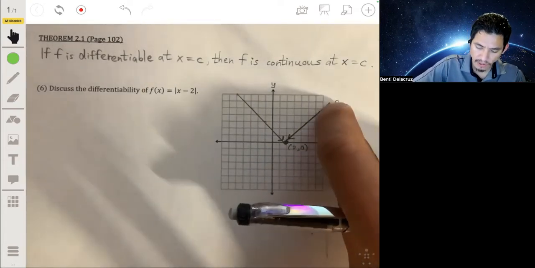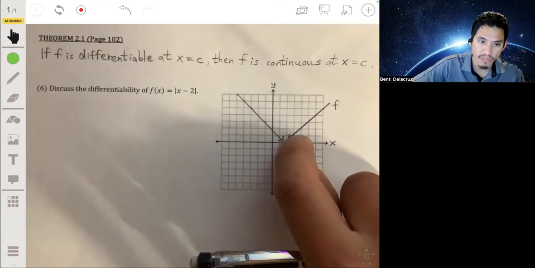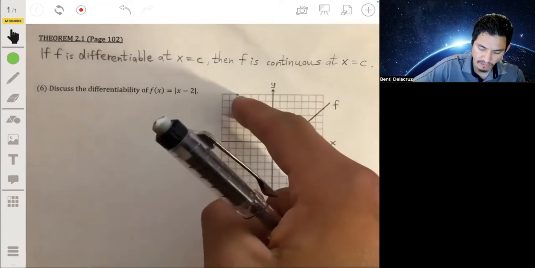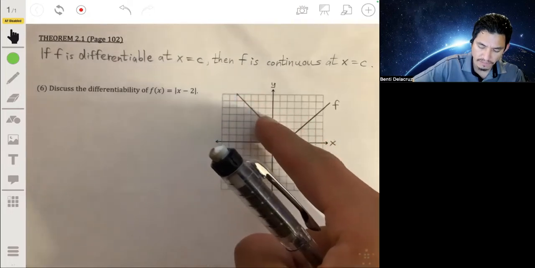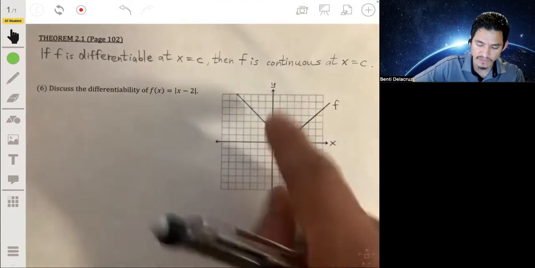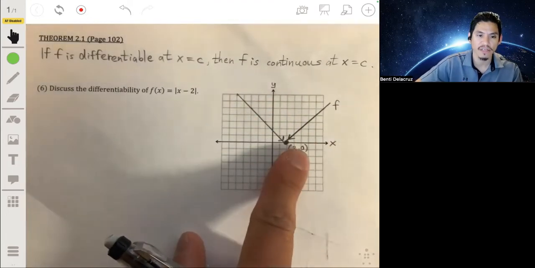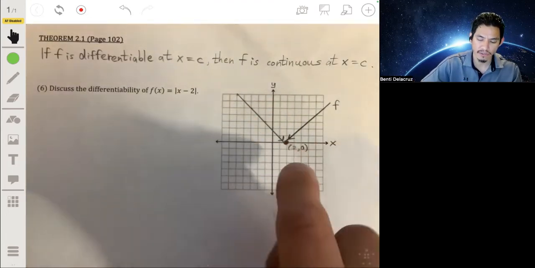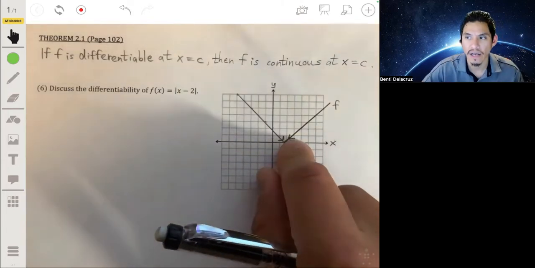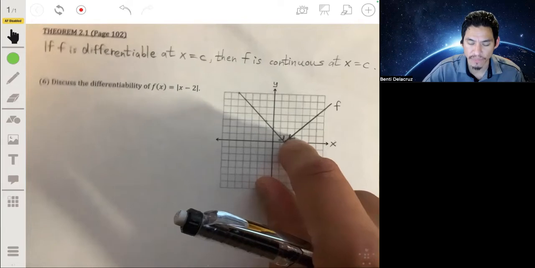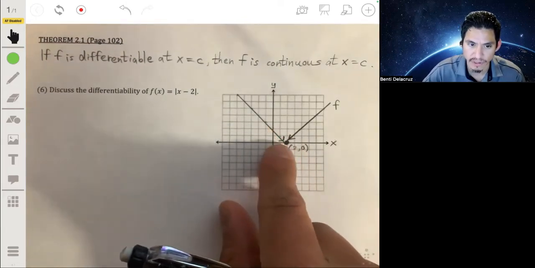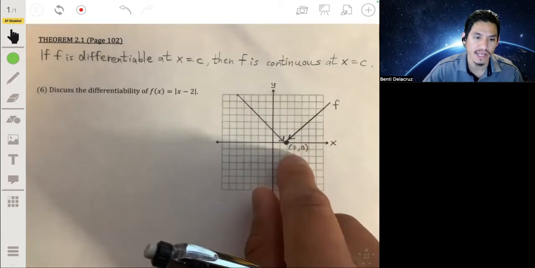The slope coming from the right side of the graph is positive and the slope coming from the left side is negative. So they're actually not equal at this point, and so we can't say the derivative is the same if you approach it from the left and from the right at x equals 2.